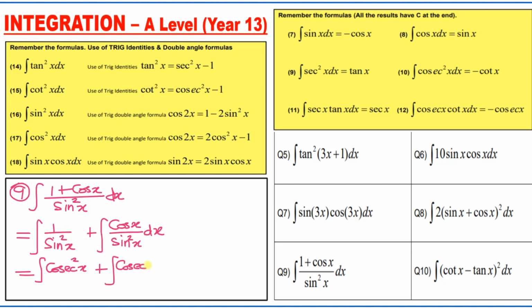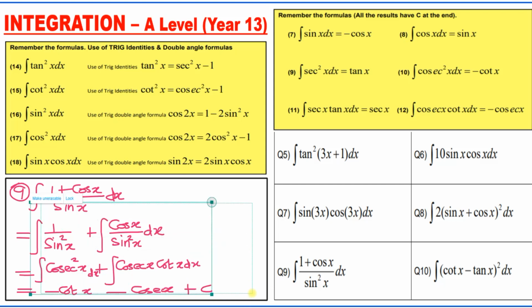So I can write this as cosec x cot x. We studied this one previously. And now we have a ready-made formula. Cosec squared x integration is minus cot x, and cosec x cot x is minus cosec x, and then plus c. And that is question number 9.